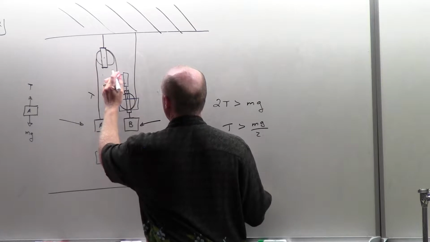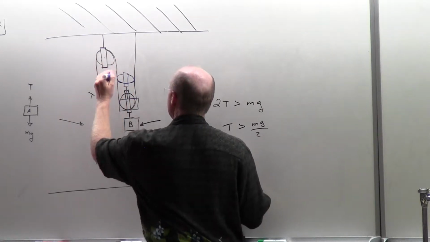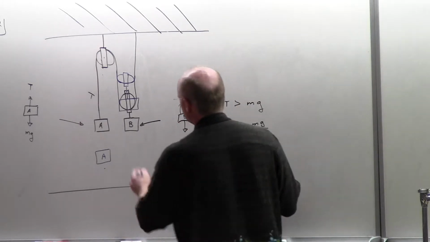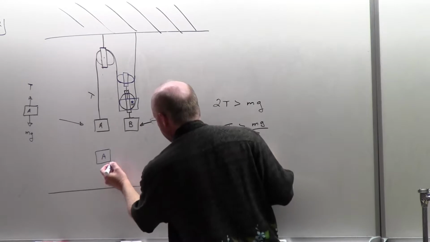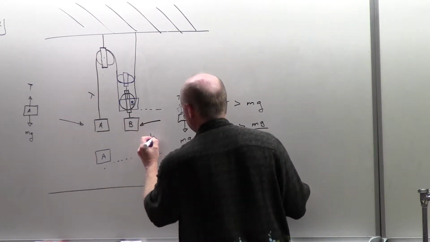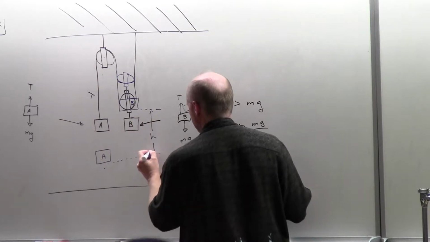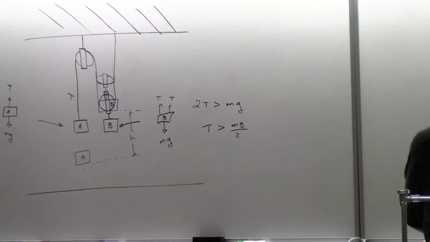Now the string will look something like this. And once they do that, they begin to separate from each other. And that's where the question comes in, right there. They will be separated. They started at the same height.